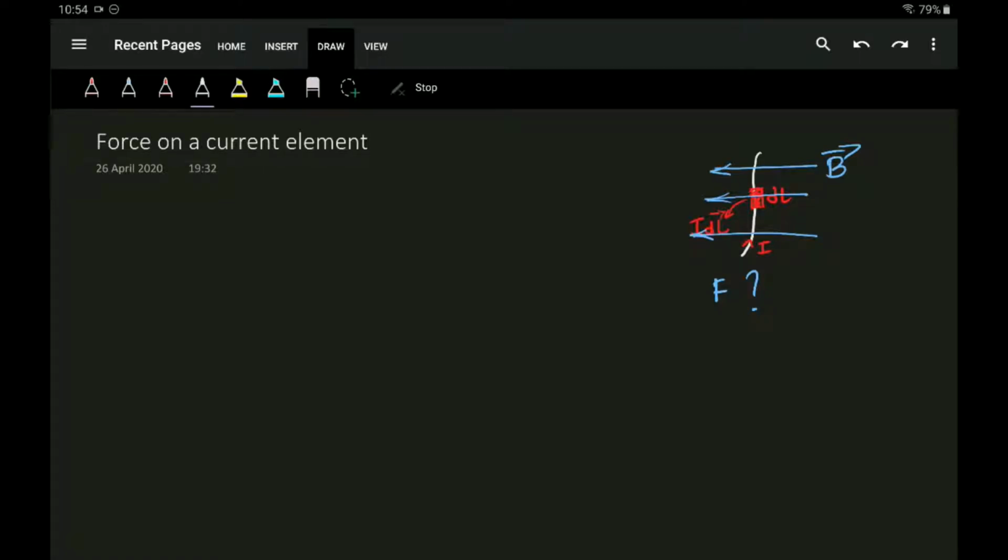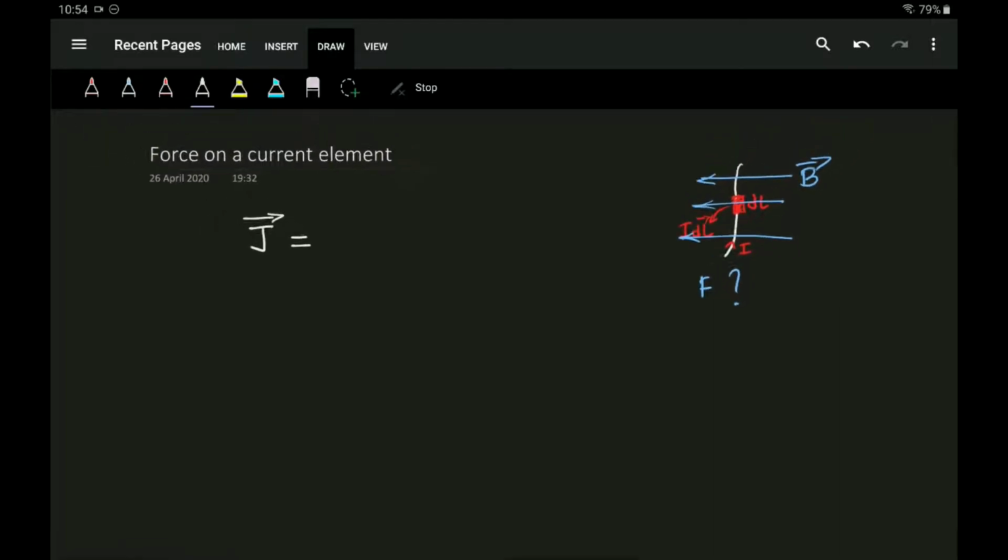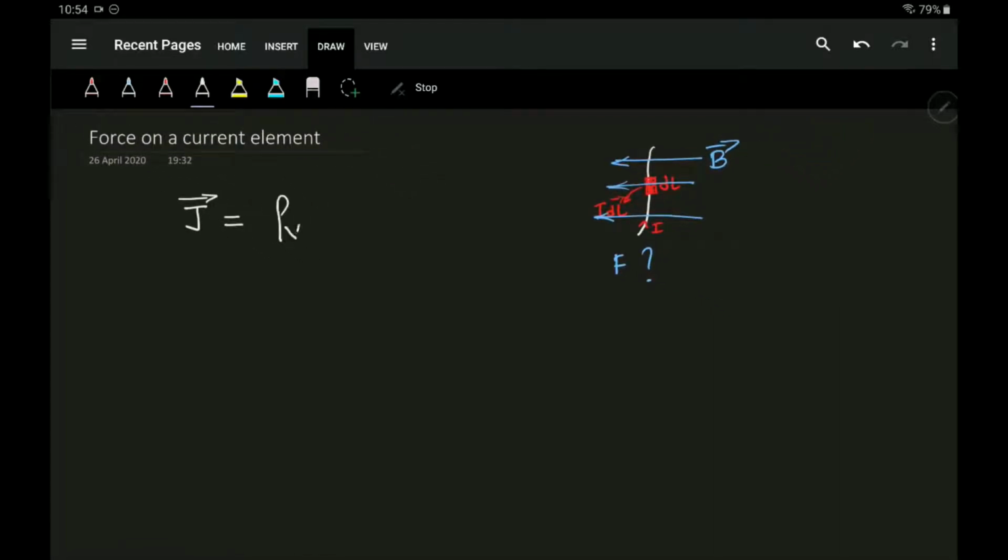The convection current will be flowing through, and it can be defined with the density J, which we have already seen in our second unit. So current density J is equal to rho v times the velocity. This equation gives us a relation between the current density J, the volume charge density and the velocity of the charges flowing through.